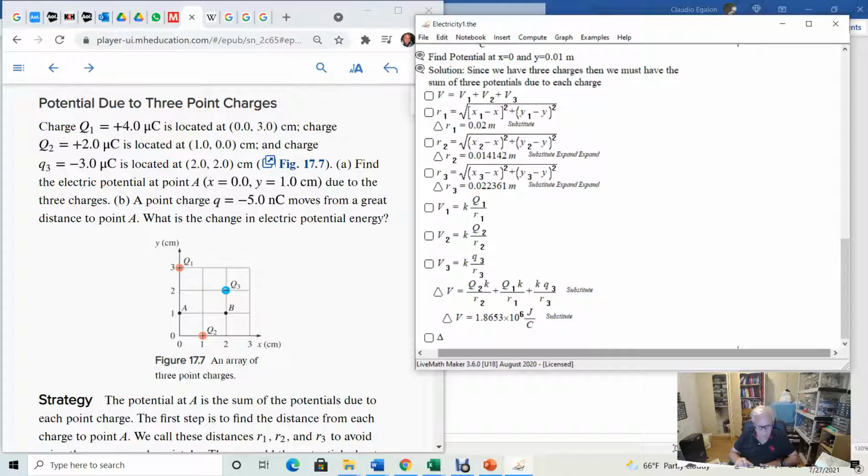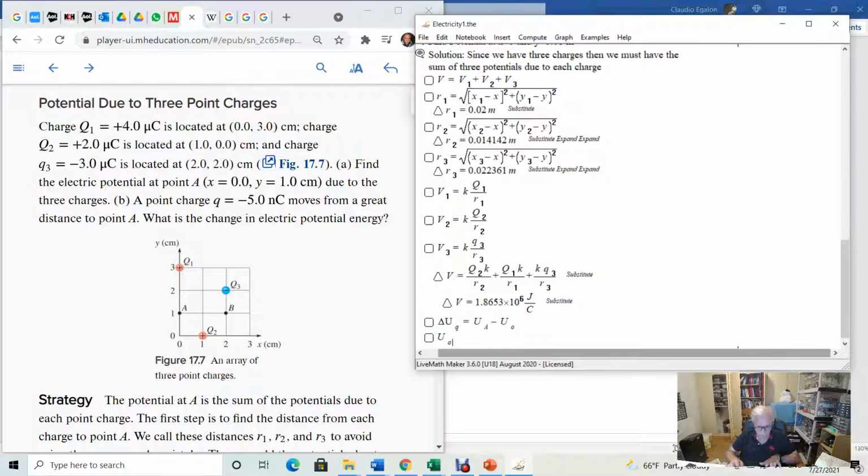This is asking delta U of the charge little q. Delta U of little q is going to be the final potential energy at point A minus the initial potential energy at a very large distance. That potential energy at a very large distance is going to be 0 at infinity distance.